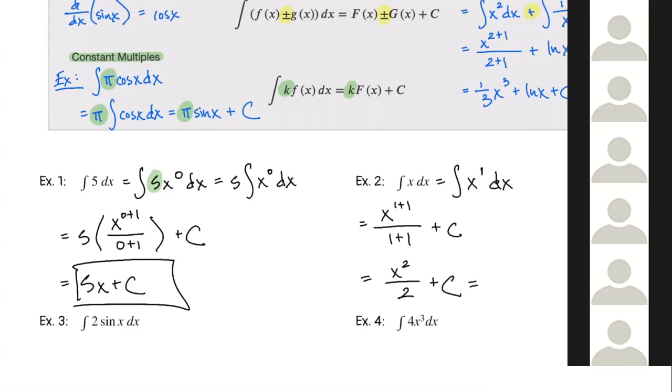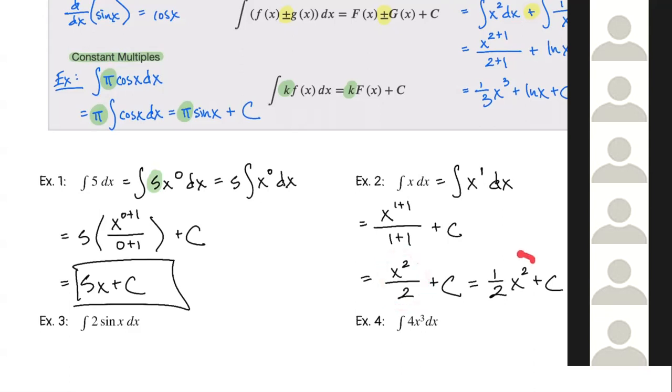And what is another way to write x squared over 2? One half times x squared plus c. Good. Okay. Now, some of you will say, I just want to write one fraction because that's easier for me to see.